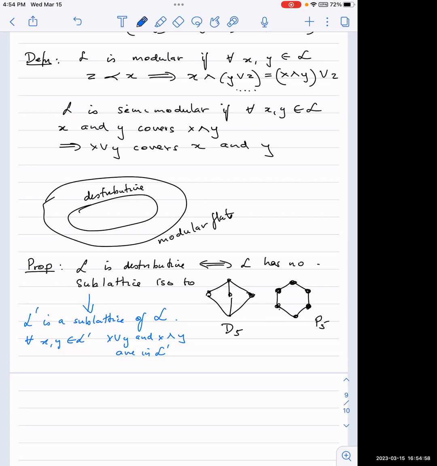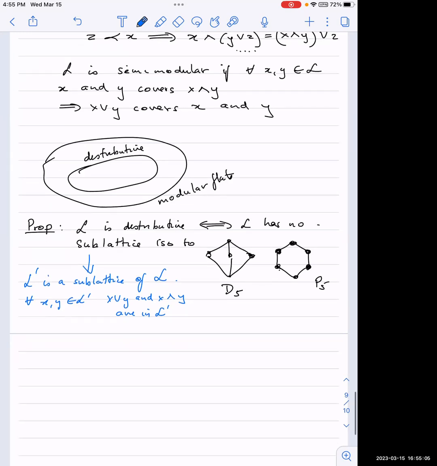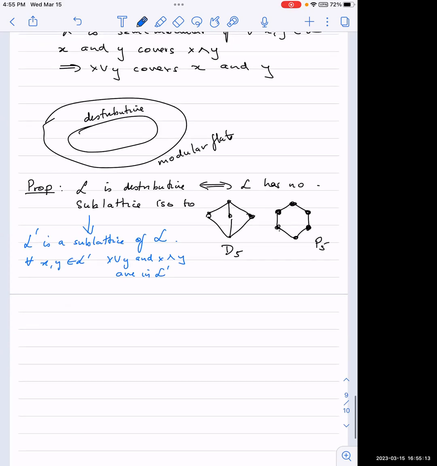That's essentially what it's saying. It's just like a substructure of the Hasse diagram. It's just a sublattice: grab the joins and the meets. For every pair of elements in the sublattice, the joins and the meets should be in the sublattice.